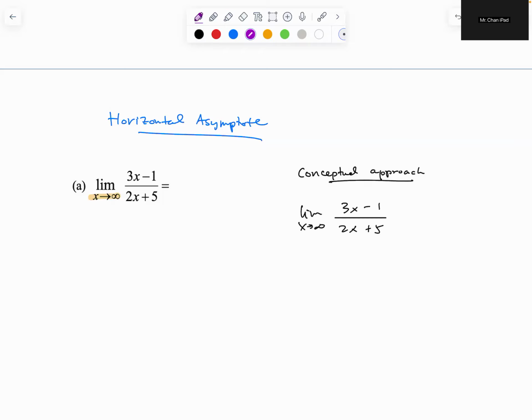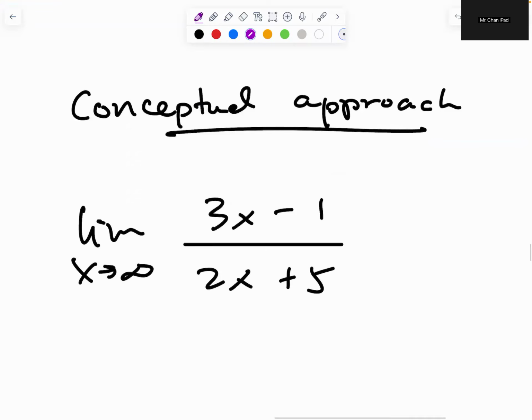So would the -1 matter here? Nah. Would the +5 matter here? No. So now you're down to just 3x over 2x, which can be reduced to? The answer is 3 over 2. Done.